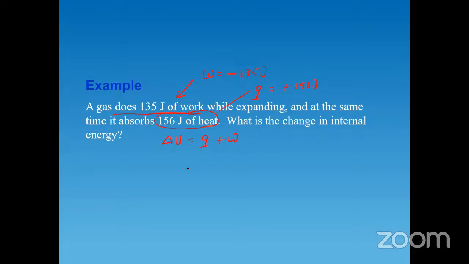So basically, we put these numbers into this equation. We're going to get 156 joules plus, and then that will be added to minus 135 joules. And then you do your number crunching.